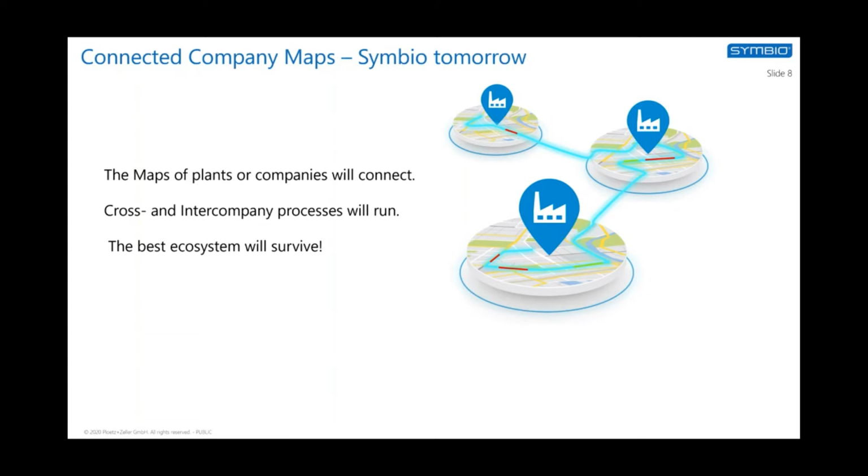So it's important that we don't have it just in a company, but also over the borders of a company, connected to the suppliers and to the customers as well. So everybody is involved in one and even more than one ecosystem. And to monitor and control this, we have to have the combination of a map combined with real-time data coming from a lot of databases. So we have some more options that these intercompany processes will run well.